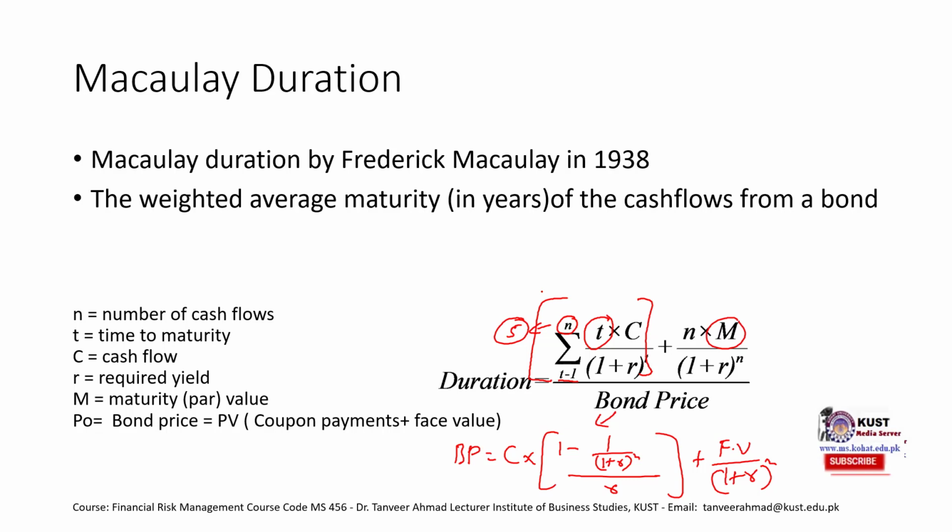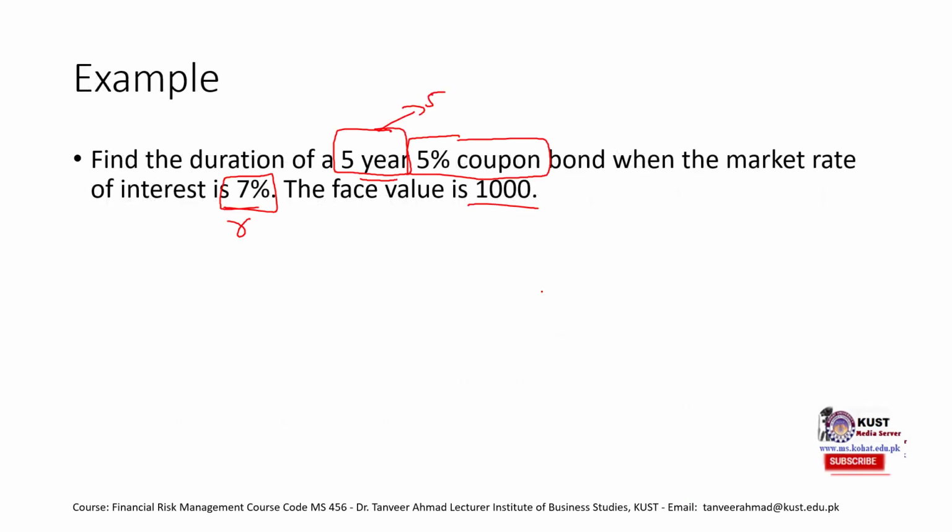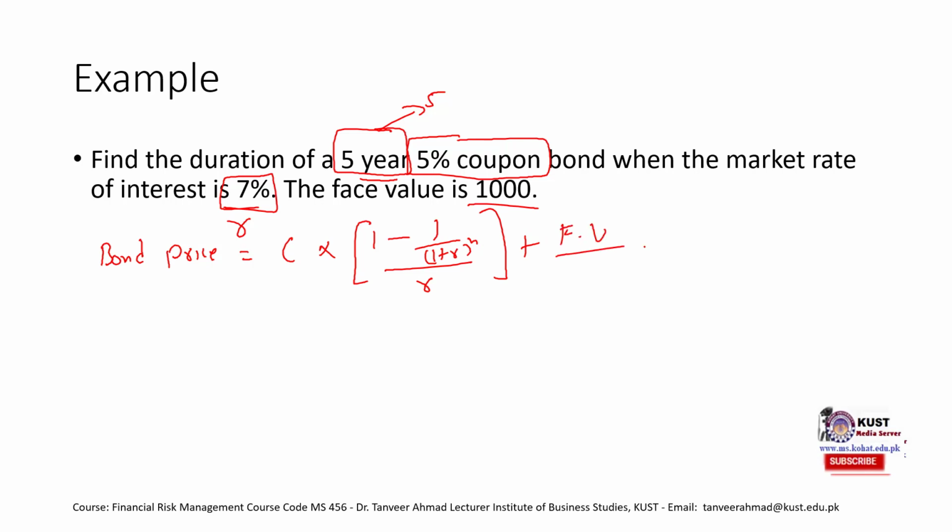So let's solve this question and it would give us a better idea. So this is the question. First we need to find the bond price. Bond price is equal to C into, remember this is the annuity formula, 1 minus 1 divided by (1 plus R) raised to power n, divided by R, plus the face value divided by (1 plus R) raised to power n.